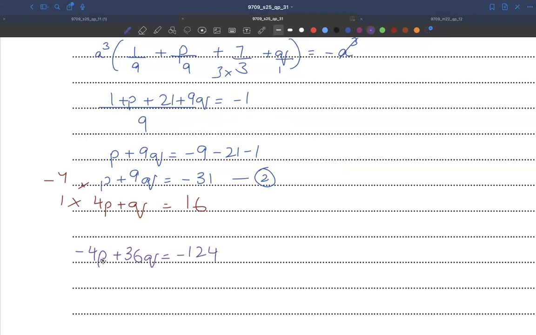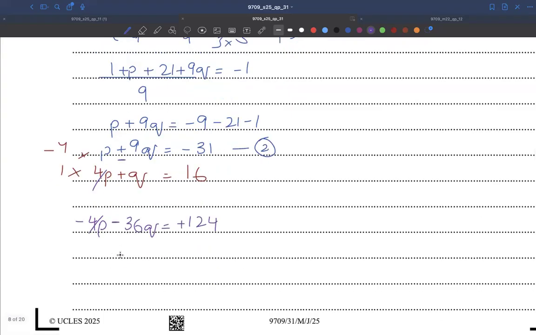So 4p and minus 4p will cancel out. So we'll get q minus 36q is minus 35q is equals to minus 108. So 140 divided by minus 35 would be equals to minus 4.